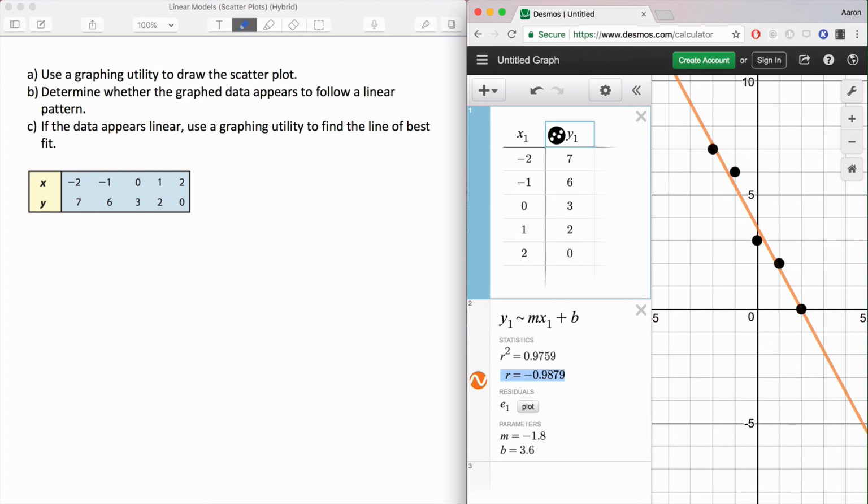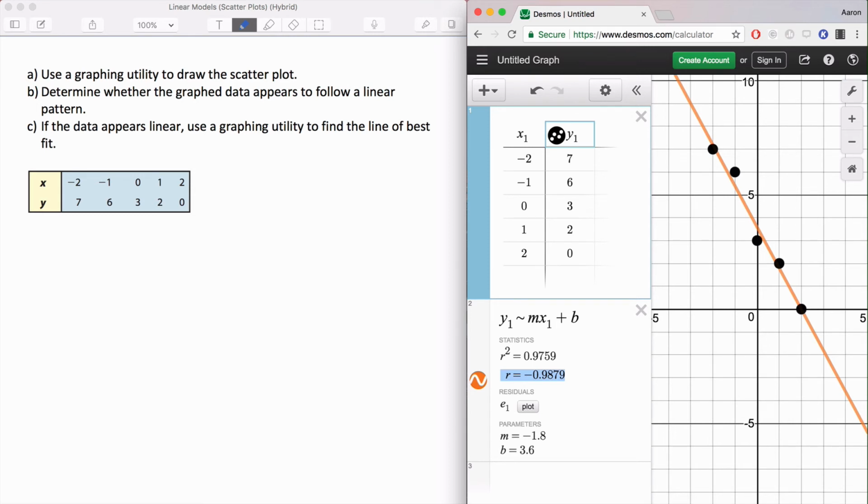If our data is perfectly linear, it will have a value of either -1 or +1, depending on the slope of our line. If your correlation coefficient is a negative value, that means that your data trends in a negative pattern and would have a negative slope. If your correlation coefficient is a positive value, that means that your data trends upward and has a positive slope.